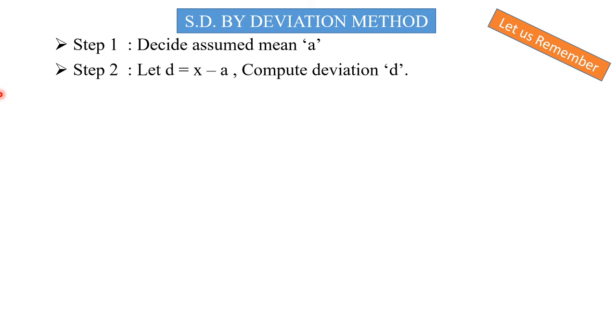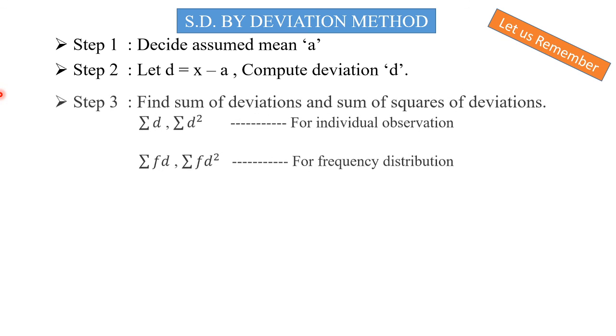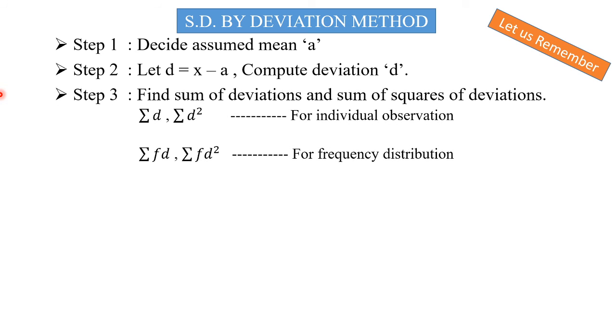Let us remember some points of standard deviation by deviation method. First, to find standard deviation, decide assumed mean, that is a, and d is equal to x minus a to compute deviation. Step 3, find sum of deviation and sum of square of deviation.